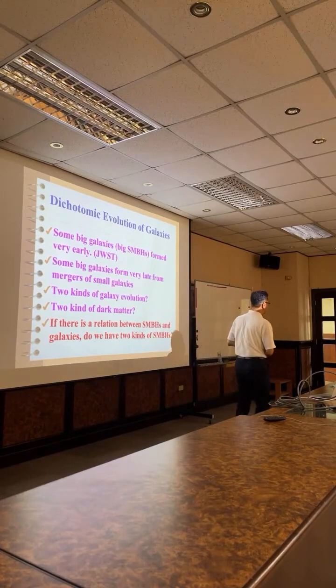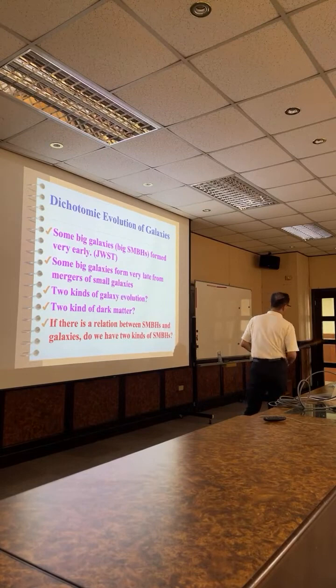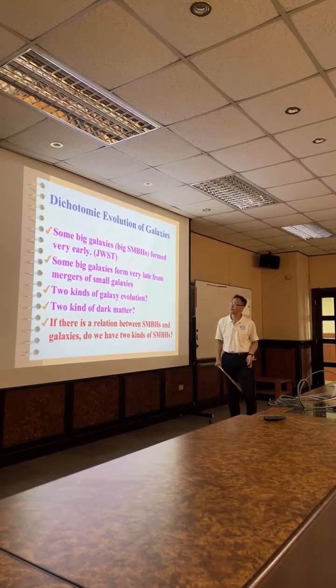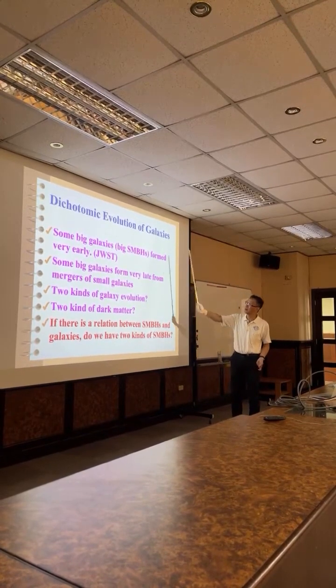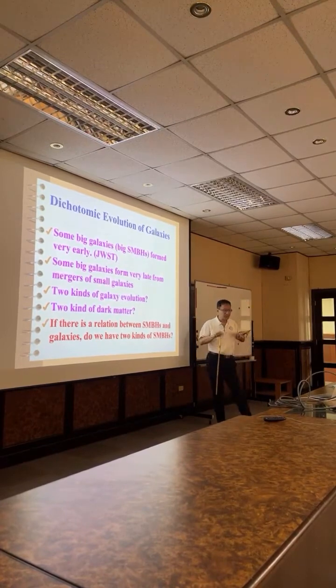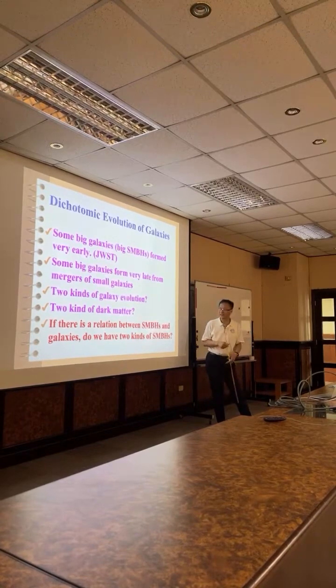Maybe you can think about the dichotomy. How to pronounce it? Evolution of galaxies. What I say is that they have two different ways: two kinds of galaxies.